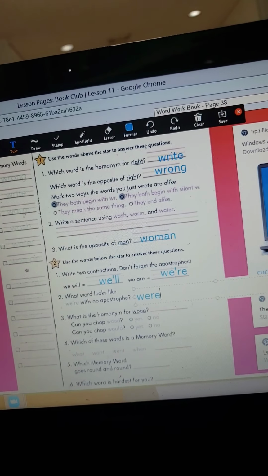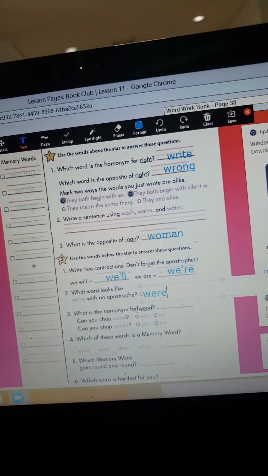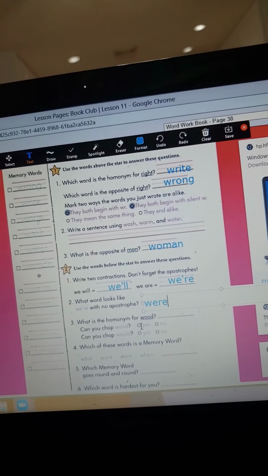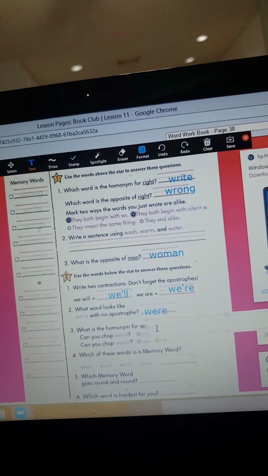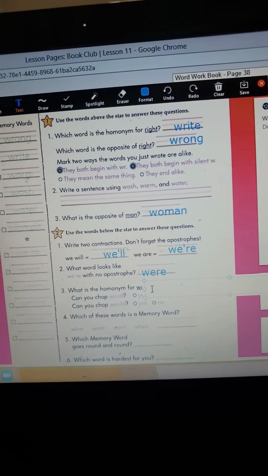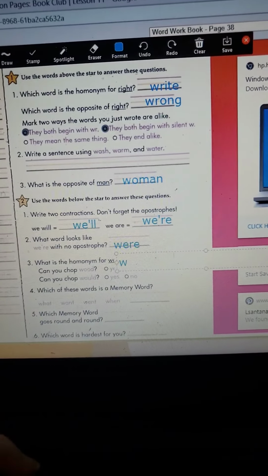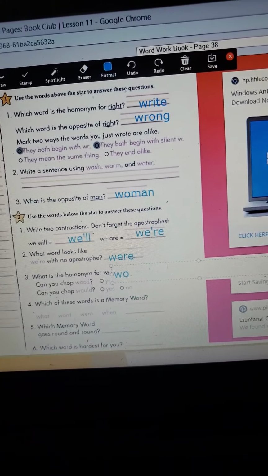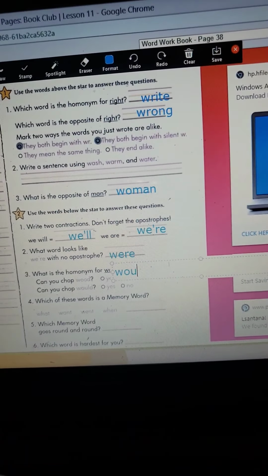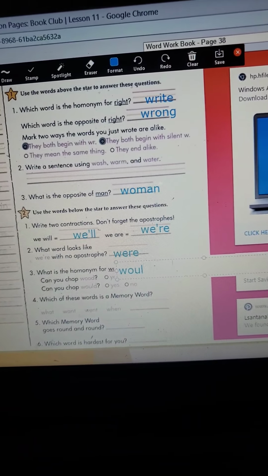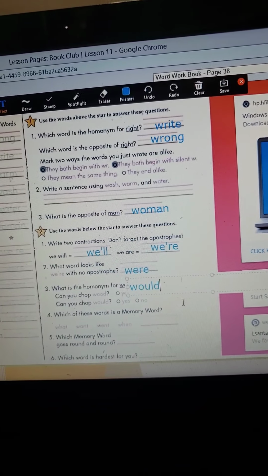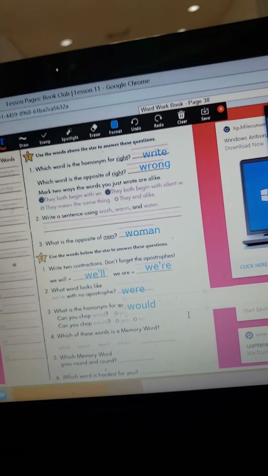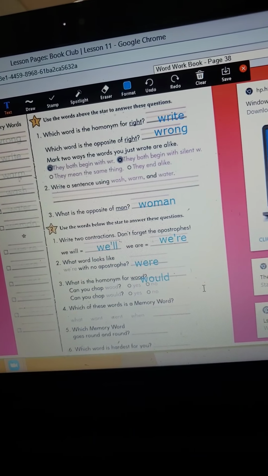What is a homonym? Again, a homonym, remember, is a word that sounds the same as another word, but is spelled differently and means something else. So there's wood, like the wood that you use to build a house. And there's would, like in I would like to go to the store. Right?